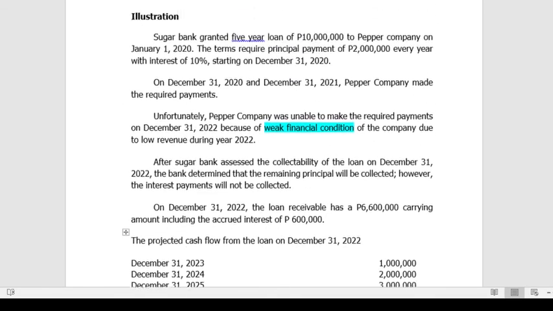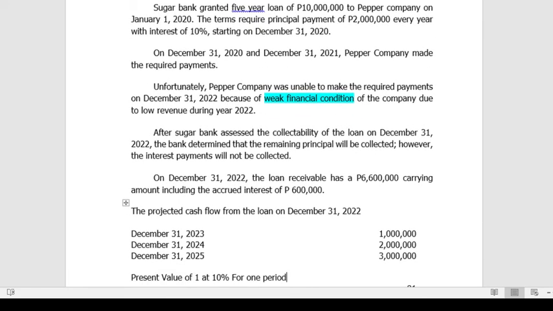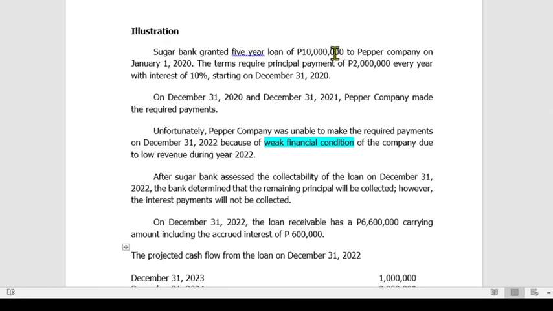Magkano ba ang kanyang carrying amount? Magkano ang carrying amount ng loan? Ang sabi dito, 5-year loan of 10 million to Pepper Company on January. The terms require principal of 2 million every year. So, 2 million every year. Nagbayad daw siya noong December 20 and 21. So, tig 2 million ang binayad noon. So, kung nagbayad siya dyan, so, mayroong bayad na 4 million dyan.